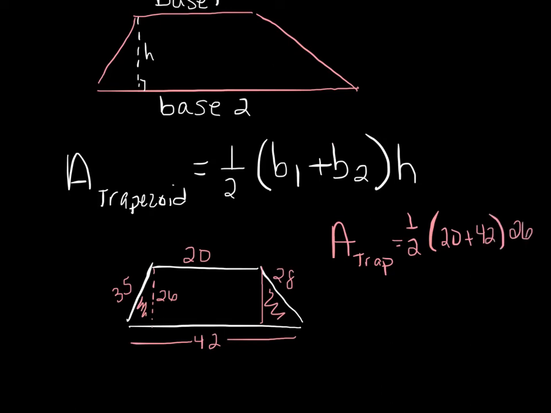Don't get tricked. The height is not 28 or 35. So the area of our trapezoid is 1/2 of that, so we end up with 806 units squared. Remember, if you're not told what units, they're always units squared.